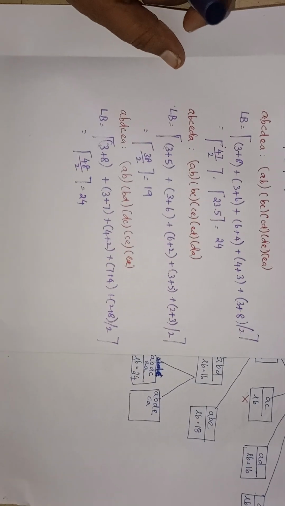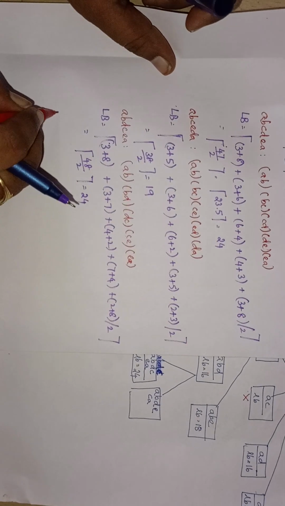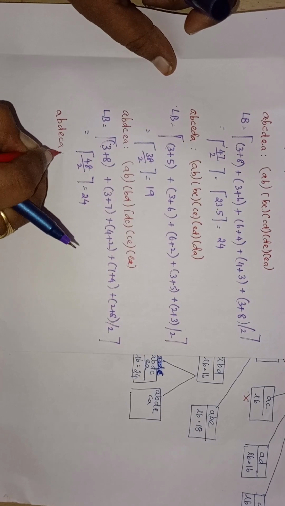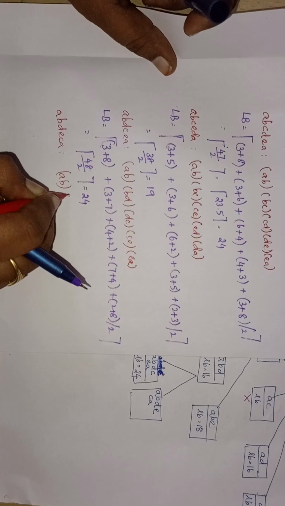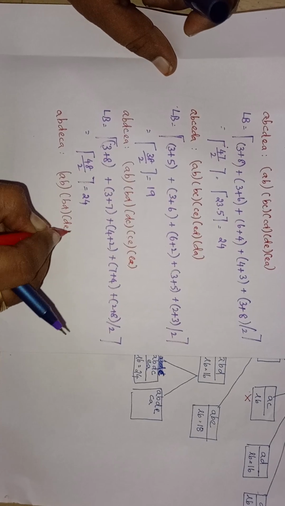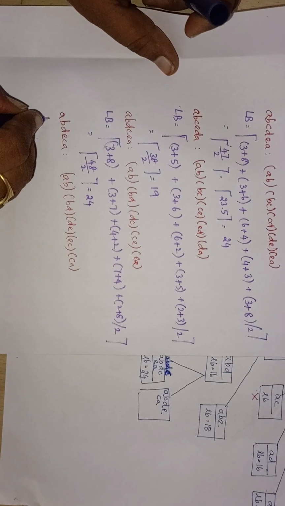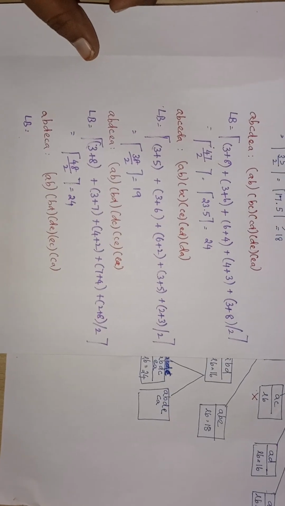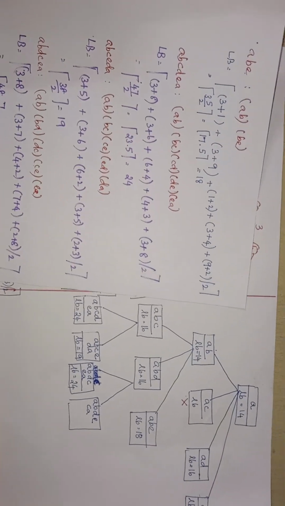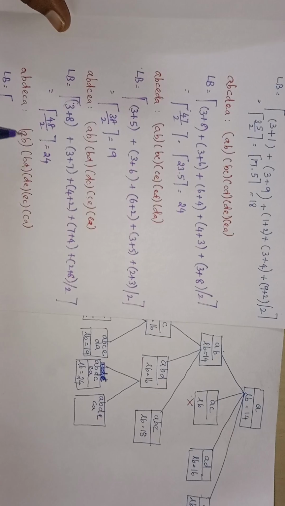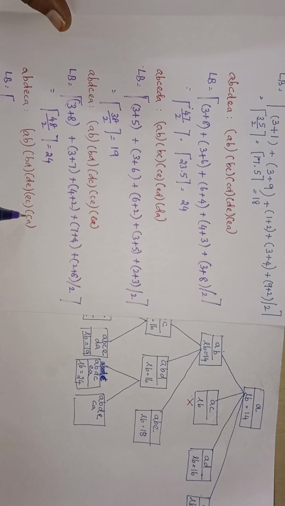Now I have to find the last option, which is A, B, D, E, C, A. The edges to be included are AB, BD, DE, EC and CA. So I am calculating the same lower bound with the help of the graph. For A, definitely the edges AB and CA should be considered. For B, AB and BD. For C, these two.